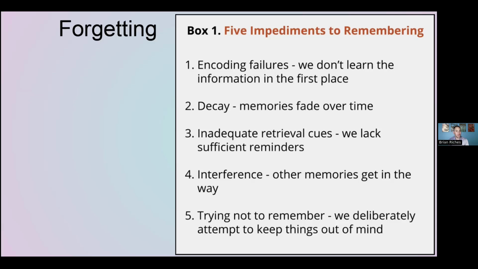All right, a few things related to forgetting. One is encoding failures. If you're not paying attention to things, it's unlikely that you will encode the information. So an encoding failure basically means you didn't write that information into your memory. You didn't grab it with your working memory and put it into your long-term memory. Decay, memories do fade over time. Again, these are networks of neurons, and if you're not accessing that network, that memory can go away.